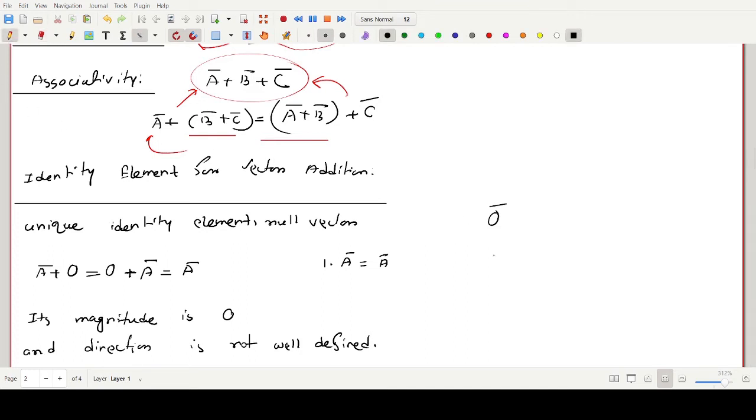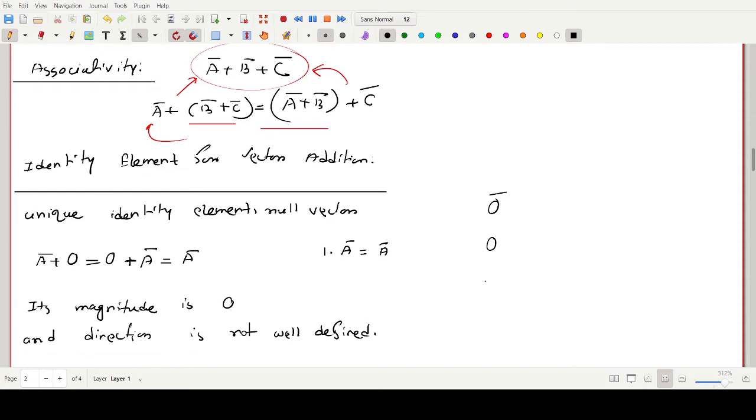Some people write it without a bar, but I think it's not that important, and I prefer writing it without the bar. The null vector does not have that much use in this course, so there is no point in being worried about that.